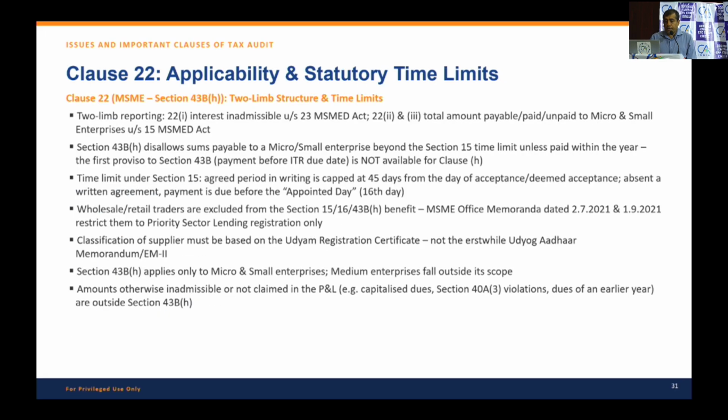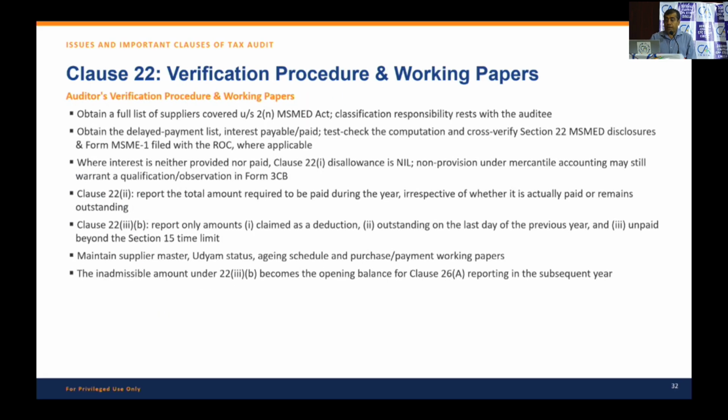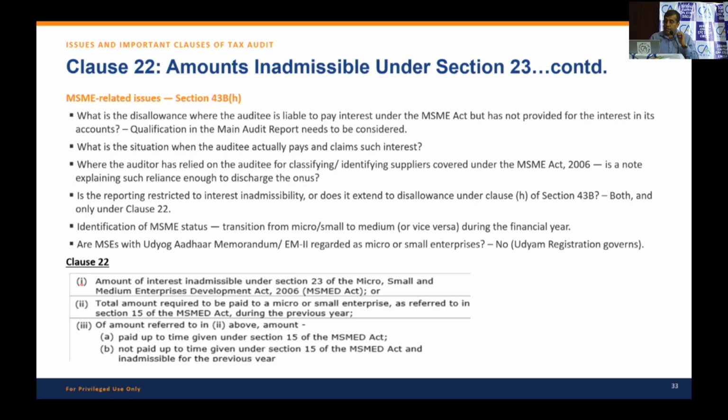One important thing while reporting, one should be careful: if you see clause 22, the first is simple and clear. I have seen that people understand this as an arithmetic accuracy.